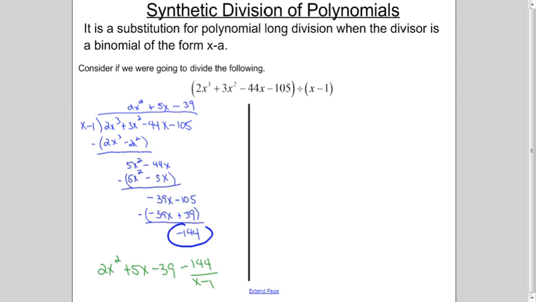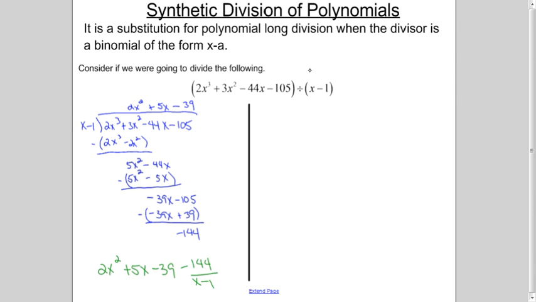That's because the remainder when I divided was negative 144, so I create a fraction, negative 144 over x minus 1. So this is a polynomial long division with a remainder. We'll see how we get a remainder when we do synthetic division.